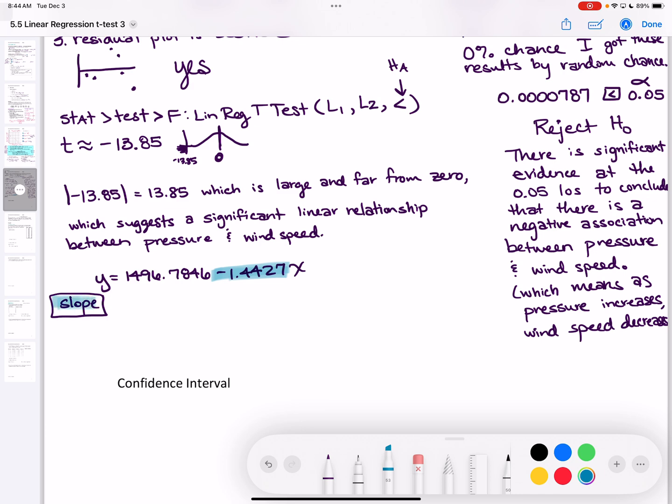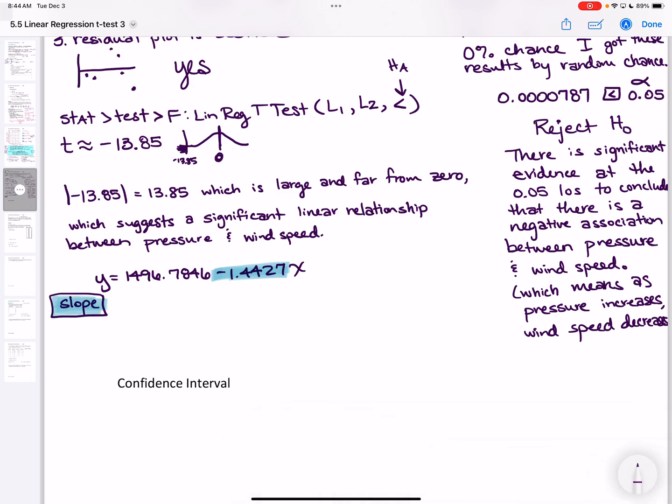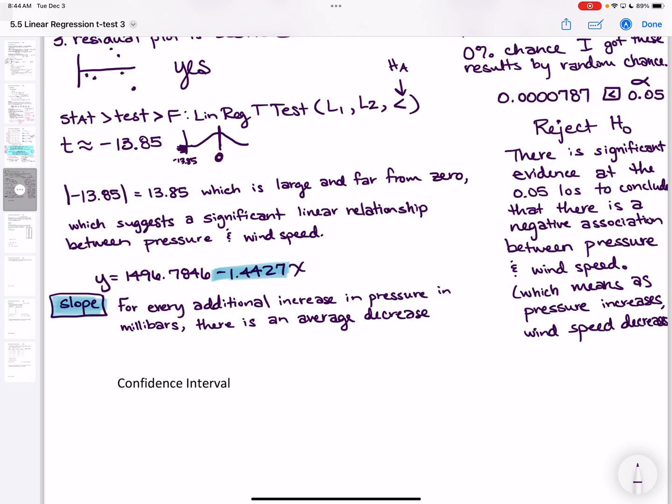So what is that saying? That is saying for every additional increase in pressure in millibars, there is an average decrease in wind speed of, and now look at it, 1.44.